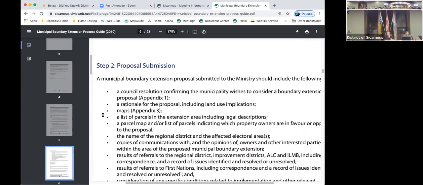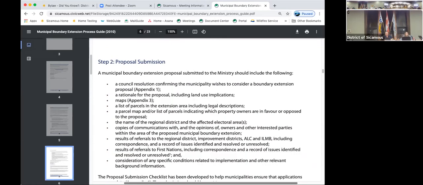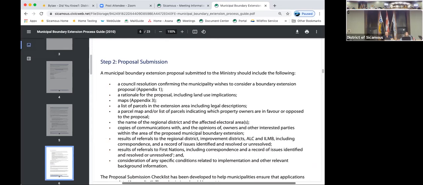In other words, we will look at it. With that, and that's step 2, electoral consent is required by the residents of Sicamous. You're going to have to go to the people that reside in the District of Sicamous and ask them if they support a potential annexation.